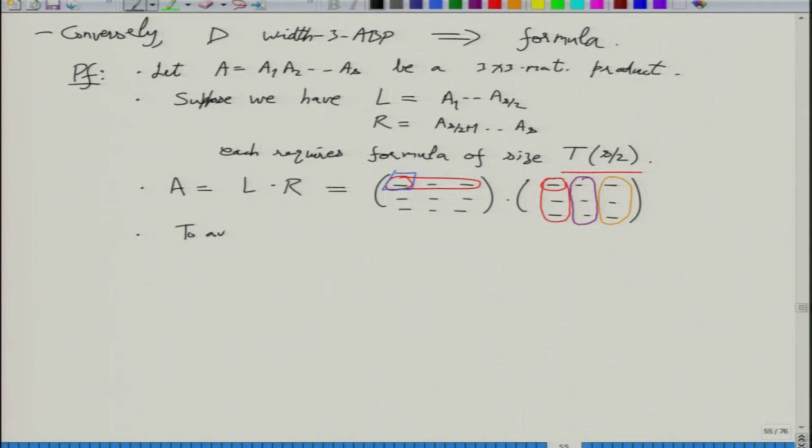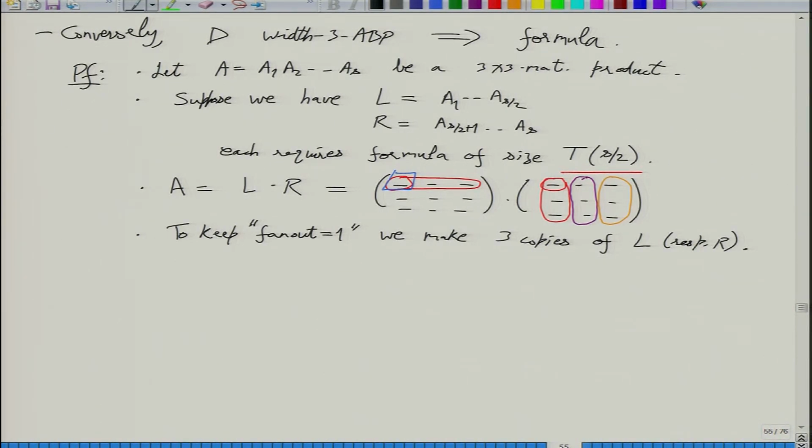So to get fan out 1, we make 3 copies of L, respectively R. Although L we have computed as a single matrix product, we will make copies of it.